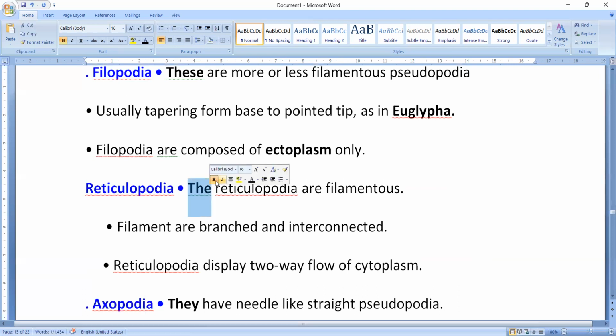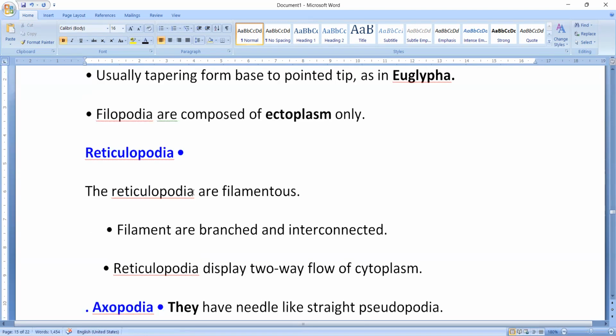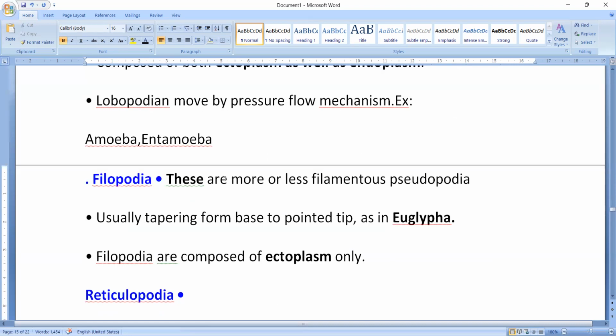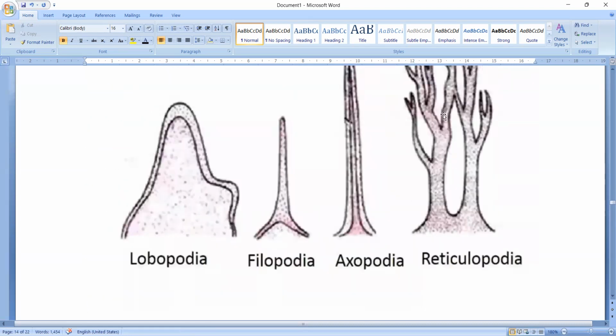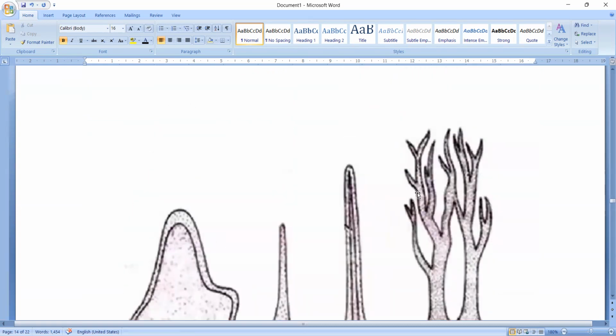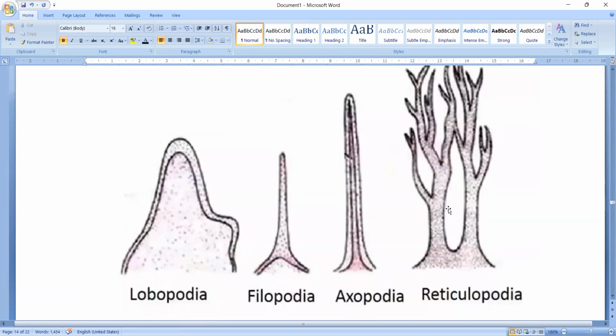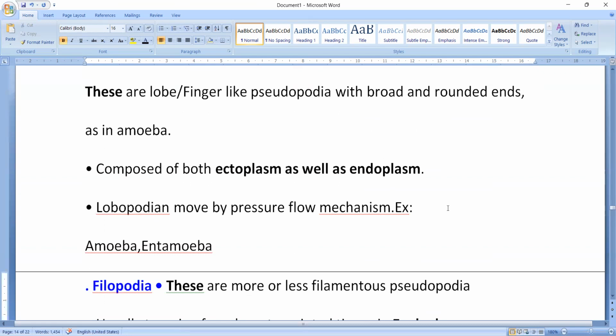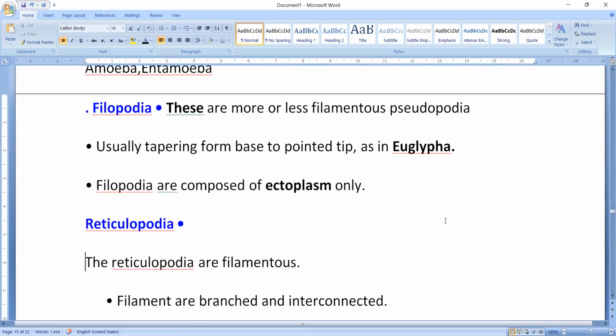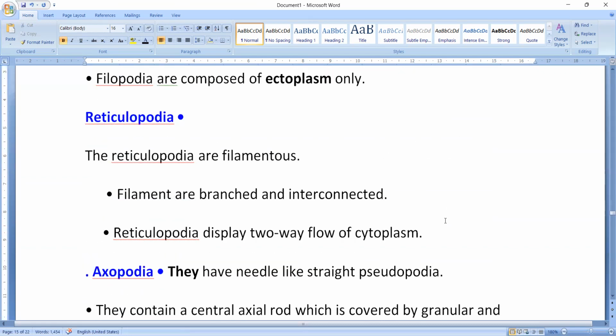Then the reticulopodia. Here the number of pseudopodia is more, and they cross each other. ఒకదాన్ని ఒకటి దాటేసినట్టుగా ఉంటాయి and form a network.